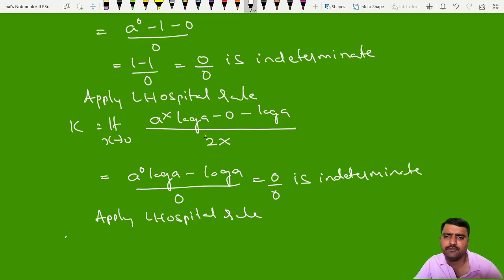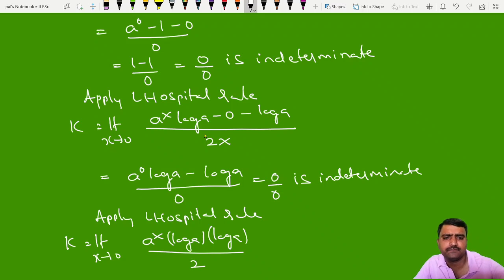So applying L'Hospital rule again, k is equal to limit x tends to 0. Differentiation of a power x is a power x into log a. Already a log a is there here, this into log a, divided by differentiation of 2x, which is 2.